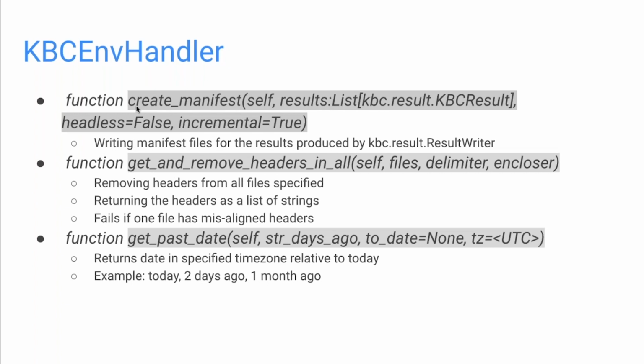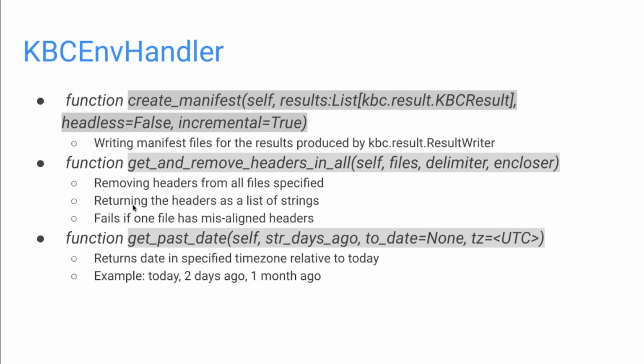There's also a function called create manifest. It will write manifest files for the result provided by KBC result, which is also a library that we're going to talk about later on. Another function is get and remove headers in all files. With the files specified in here, all the headers will be removed.